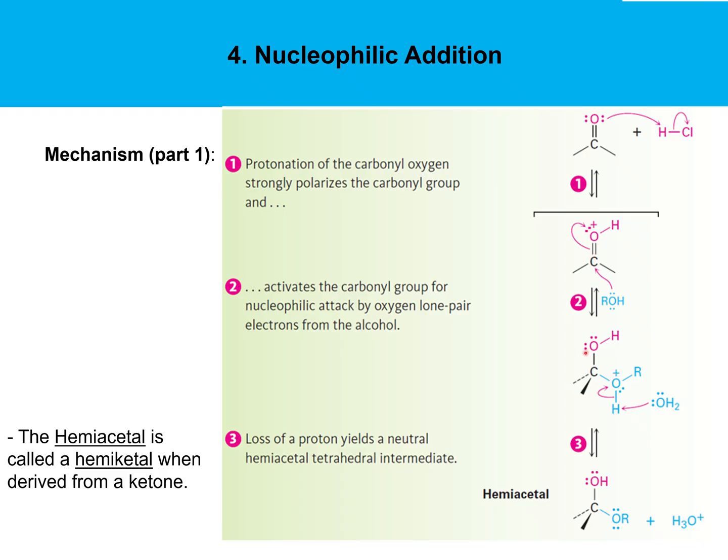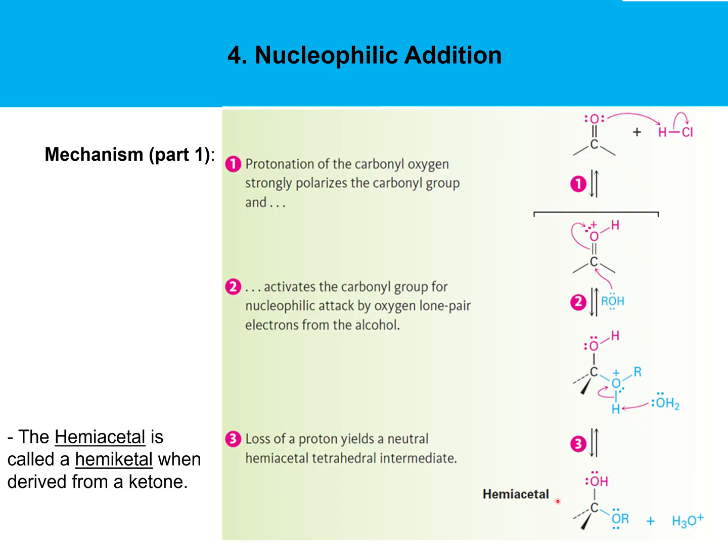We have now a tetrahedral intermediate, which loses this proton. This is the alcohol that just added. It's going to lose a proton. We could use water. We could use the chloride from HCl that is produced from the first step. Anyways, whatever base we use is going to remove the proton and then also remove the positive charge on this oxygen. And that will lead us to this intermediate called the hemiacetal.